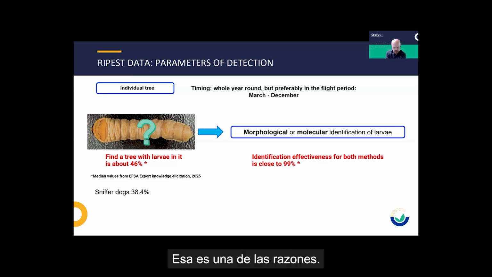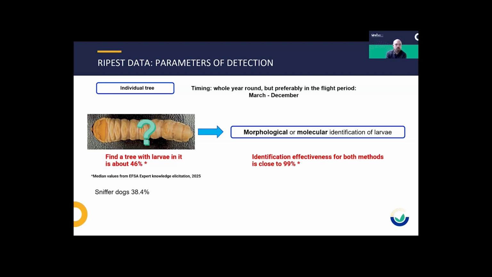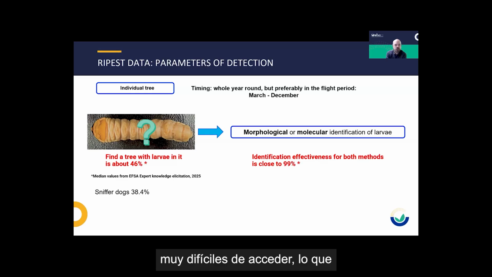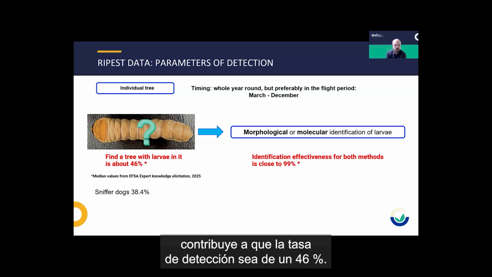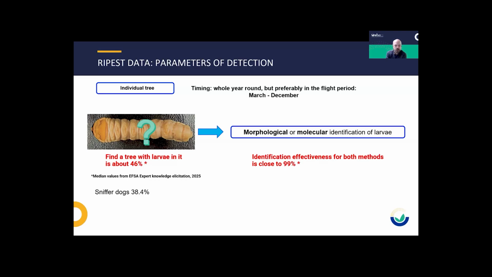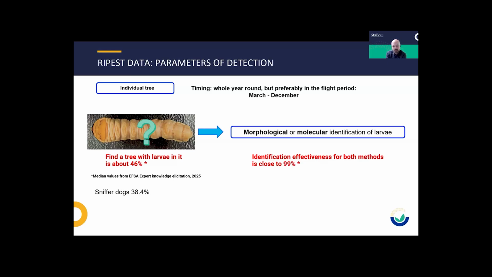So this is one of the things. And another thing is that trees are often very difficult to reach, and therefore that also made it 46%. But still higher than the one from the sniffer dogs, which was 38.4%.